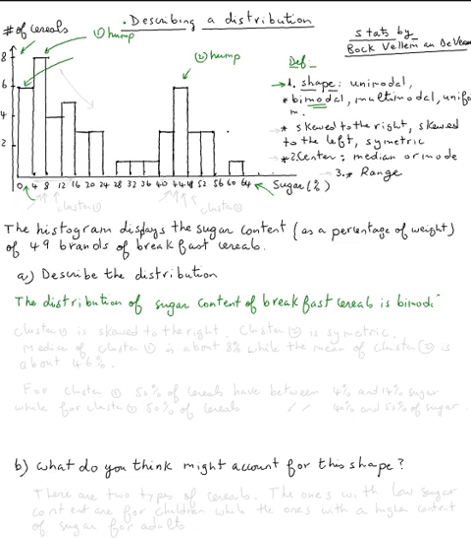Next we need to talk about skewness. Is it skewed to the right or to the left? But when it's bimodal, we're more interested in each group or each cluster. This is cluster 1, a group of cereals, and the second group is cluster 2. Are they skewed, symmetric, whatever?